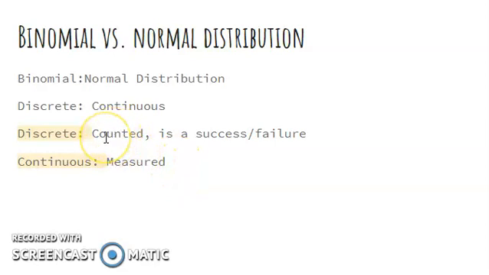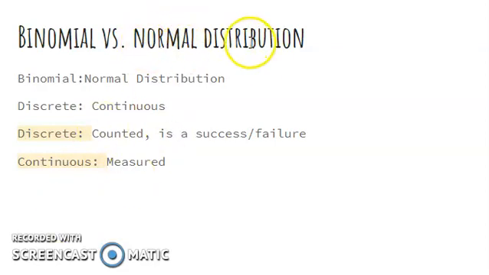For example, if we're counting the number of times that a coin lands on heads, we are counting that. We are not measuring that. And we're counting the number of times that the dice lands on 1.